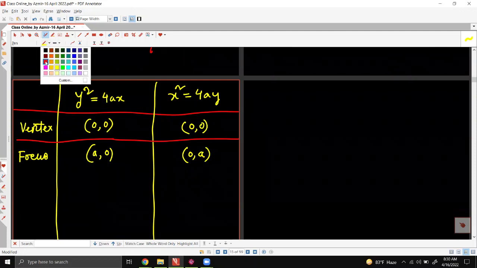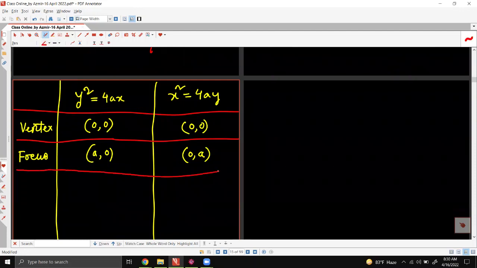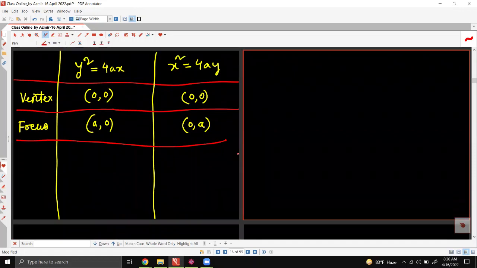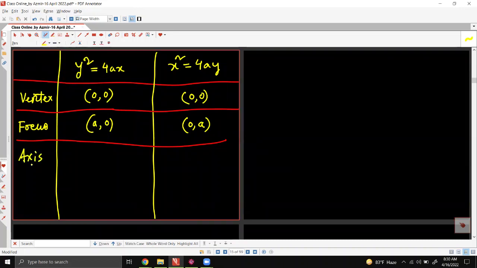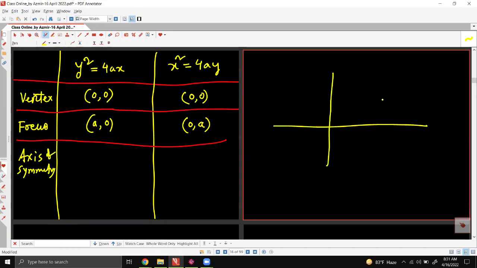Next, let's have a look at the axis of symmetry. If we have a parabola here, this will be the axis.